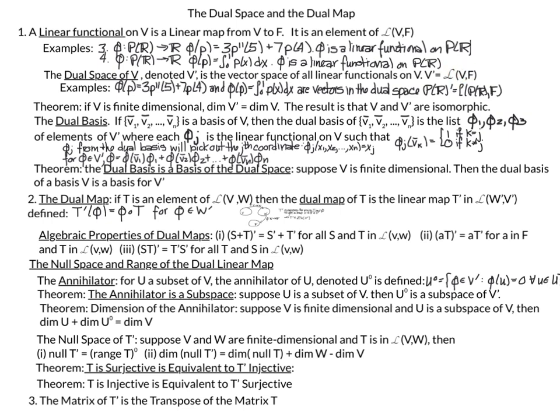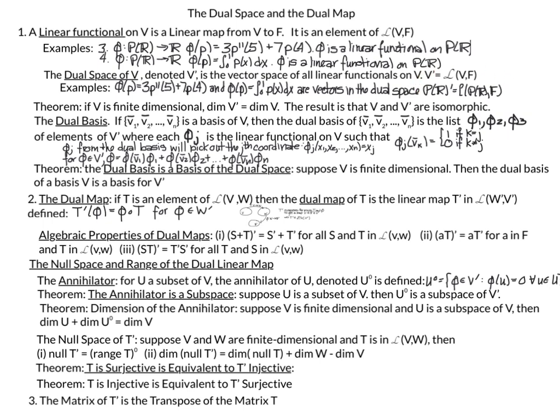Looking back at our example, the first one, phi of p, which takes our polynomial and maps it to 3 times the second derivative of the polynomial evaluated at 5 plus 7 times the polynomial evaluated at 4, and this other linear functional that takes a polynomial and maps it to the integral from 0 to 1 of p of x dx, these two functions are vectors in the dual space.